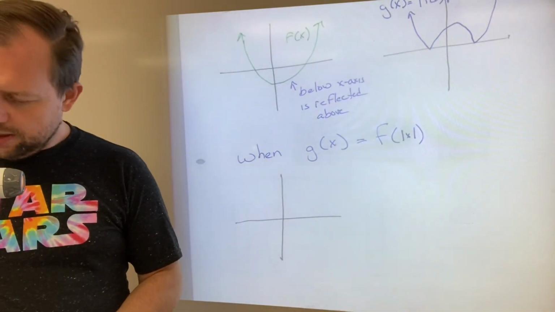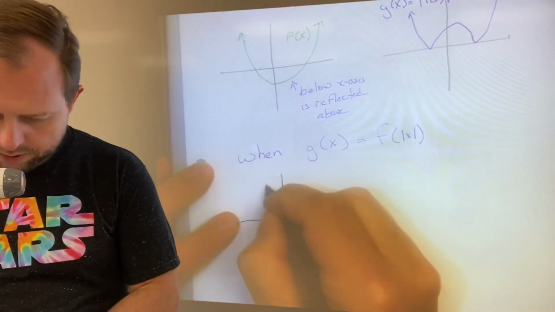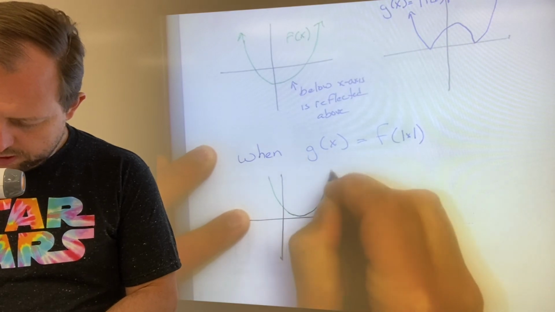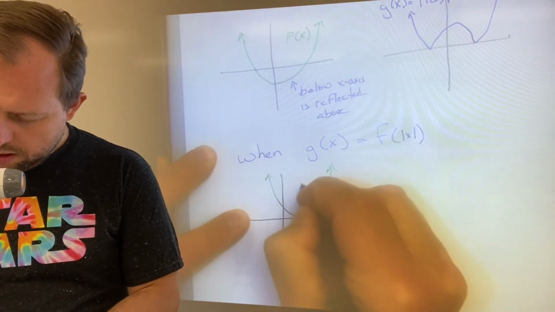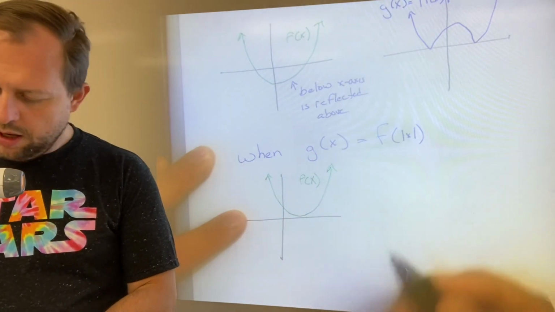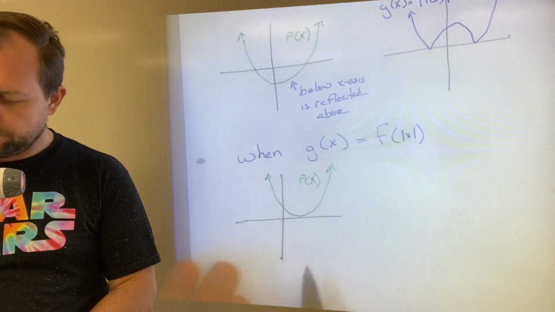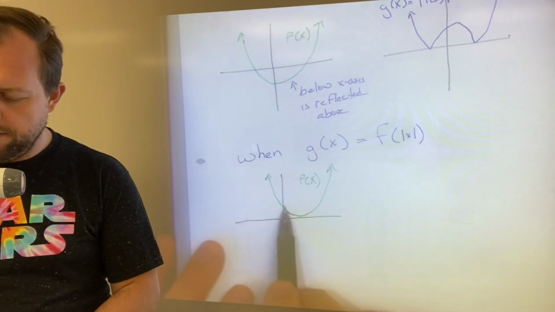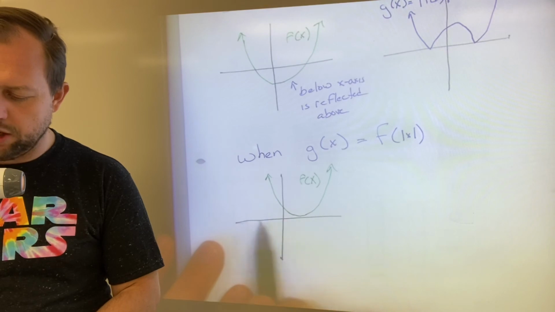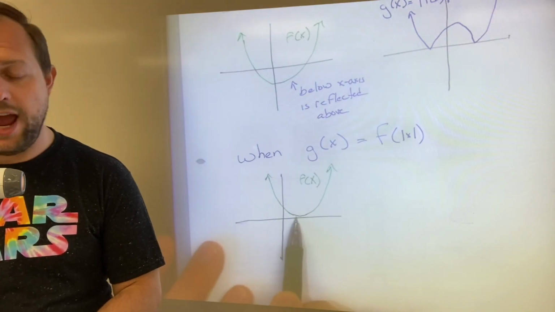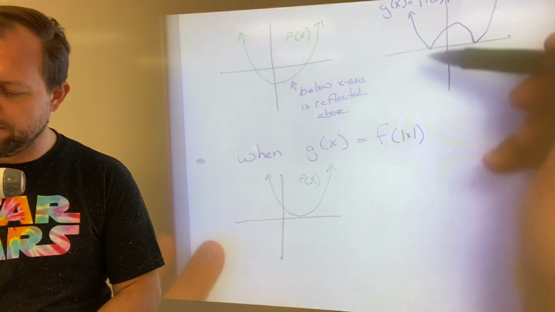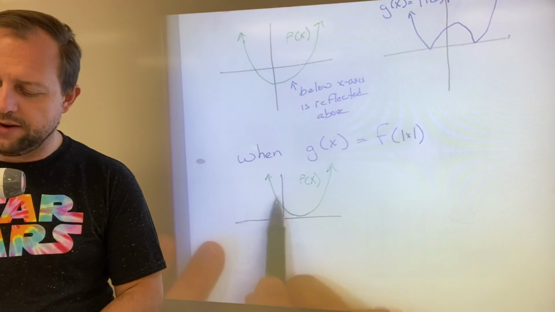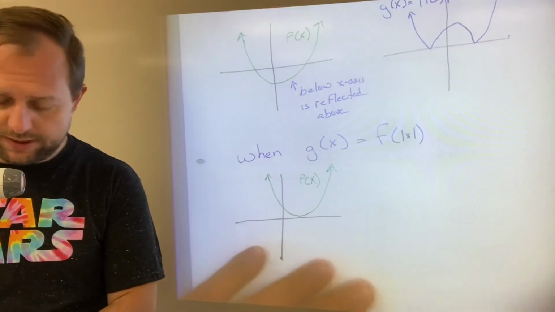So if f of x is going to look like this, if our inputs, though, are all going to be positive, then the minute we switch to the negative side, it's going to look like the positive side on the x instead of the y. So instead of it reflecting up over the x-axis, we're going to reflect the positive across the y-axis.